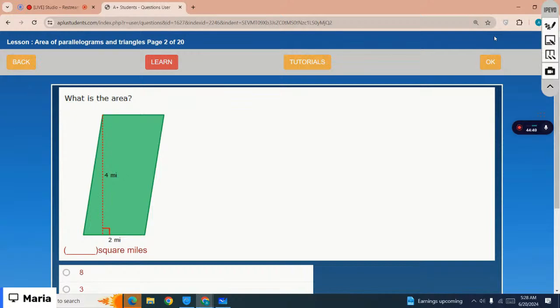So the correct option is 8 square miles. Option number 1 is the correct option. That is 8 square miles.